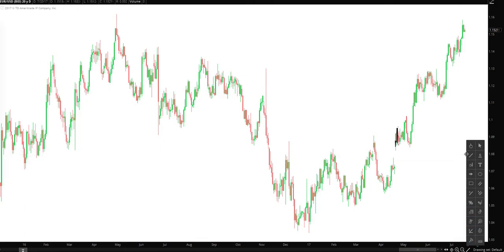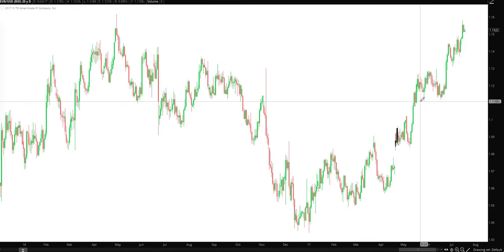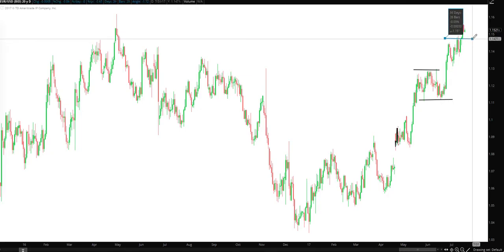Take my drawing tool and I mark these levels in just to be positive of which direction the market is going. It just helped me out a lot. So we have our highs and lows, identifying highs and lows.